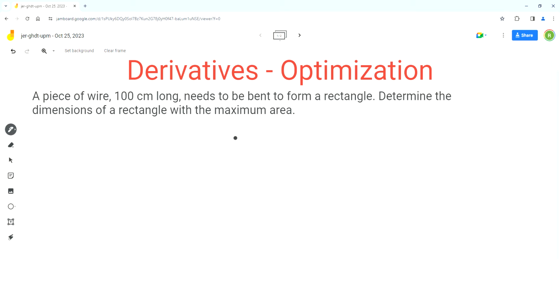So the first step here is to draw a diagram for this problem. And now this problem is based on the shape of a rectangle. So we should draw a rectangle.